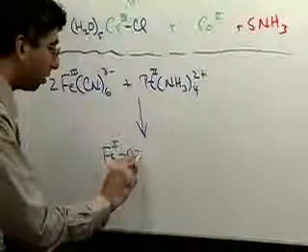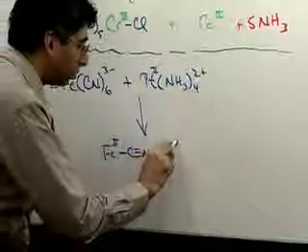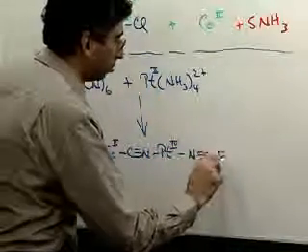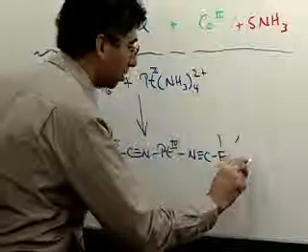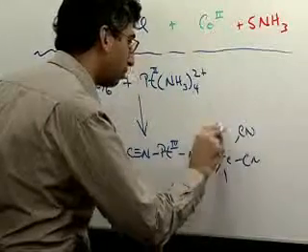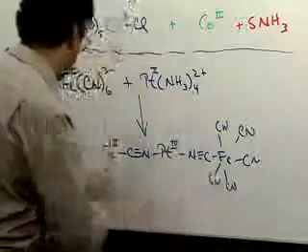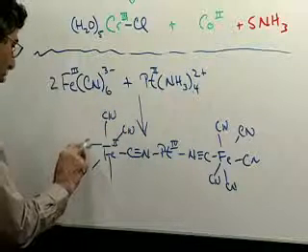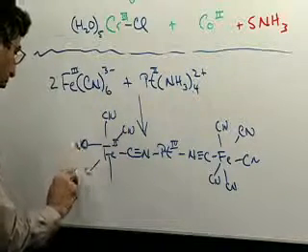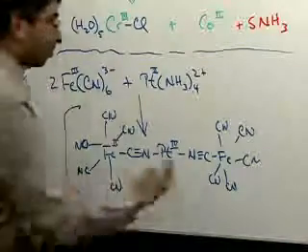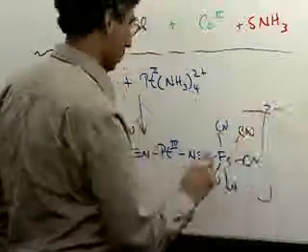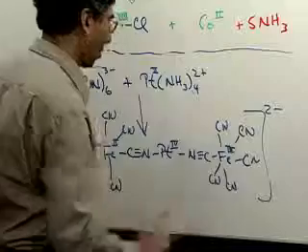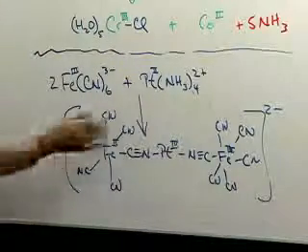What you end up with is this guy. Two iron 2s, two ferrocyanides on the ends, and a platinum in the middle.